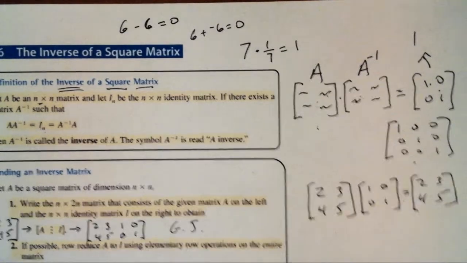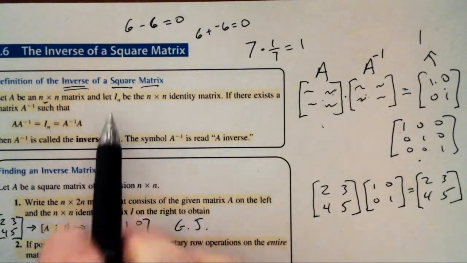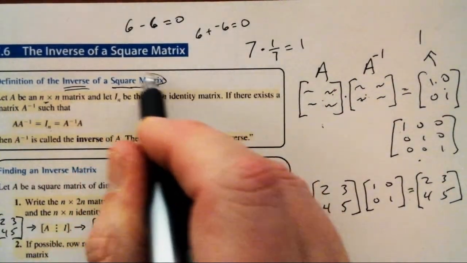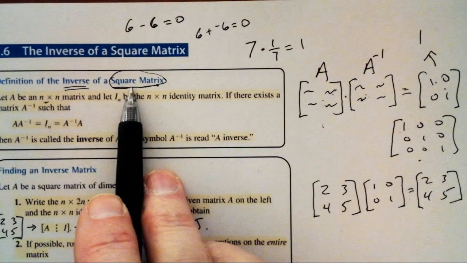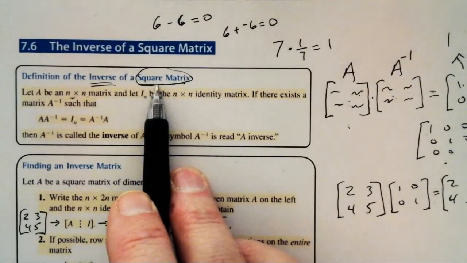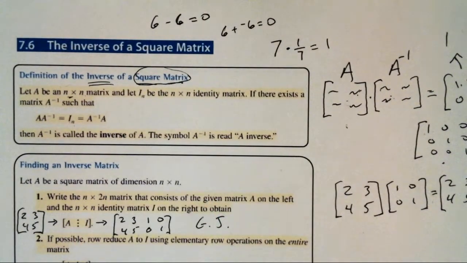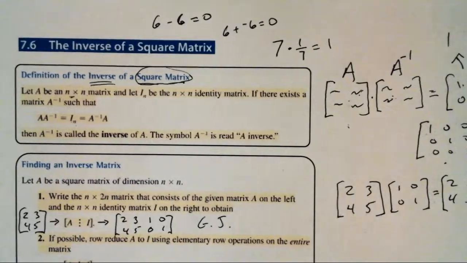So anyway, there's a lot going on here. Worth noting, matrices potentially have inverses if they're square, and we'll find out not even all square matrices have inverses.